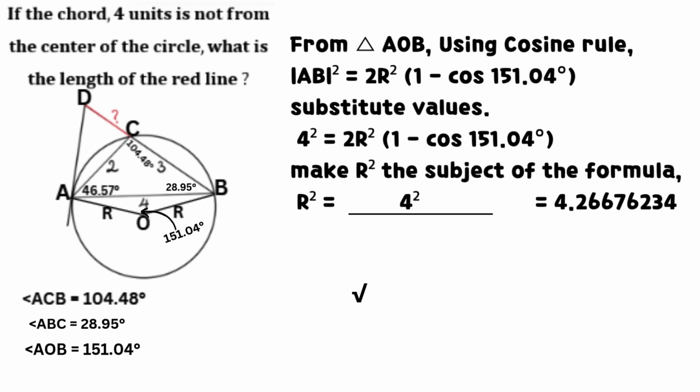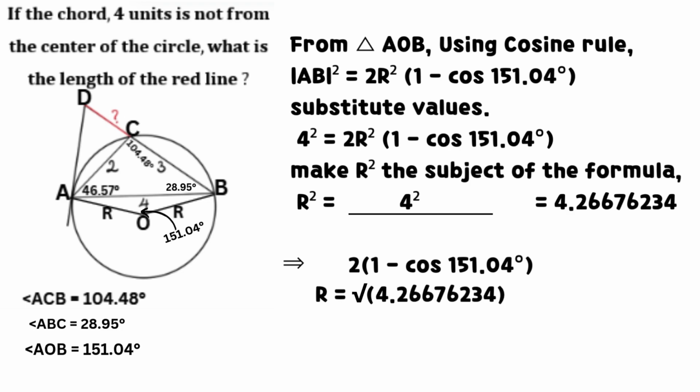Hence, the square of r equals 4.266762234 after simplification of substituted values. Take the square root of both sides of the equation. We have that r equals the square root of 4.266762234.